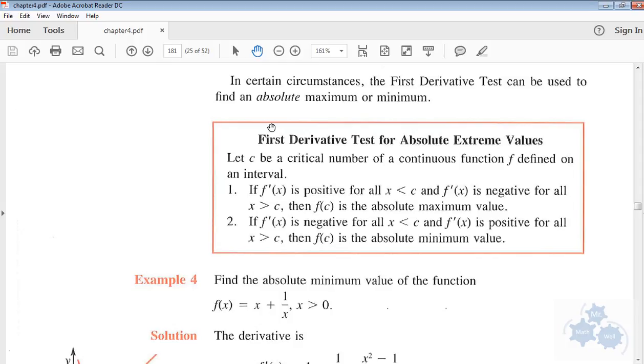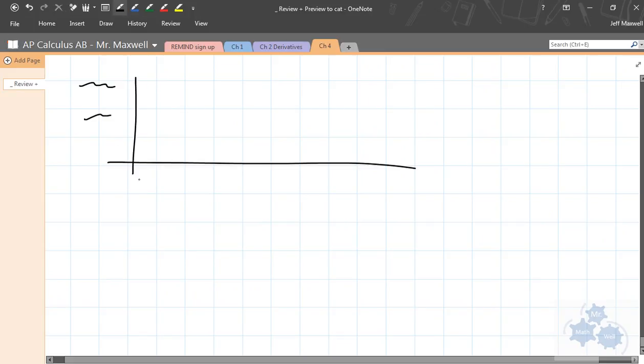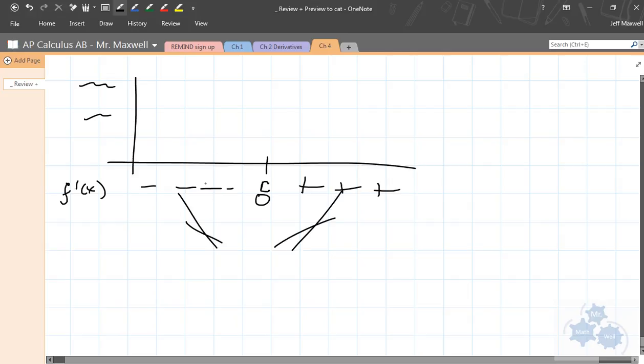So in some situations, you can test for absolute values as well. Let's say you only have one critical number. I'm just doing kind of a mock. So here's a factor, and there's only one critical number at C. If the derivative is negative here, 0 here, and then positive here, and there are no other critical numbers, no other sign changes in the derivative, then it looks like we have some kind of parabola.